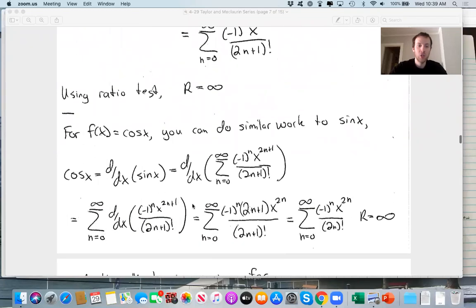If we differentiate the terms of this series, using the power rule, the first things, negative 1 to the n and 2n plus 1 factorial, don't have any x's, so those are just there. You apply the power rule to x to the 2n plus 1, which means the 2n plus 1 comes down. We decrease the exponent to 2n, and then doing a little canceling, the biggest term of the factorial is 2n plus 1, which cancels with what we have up here. And that leaves just 2n factorial on the bottom.